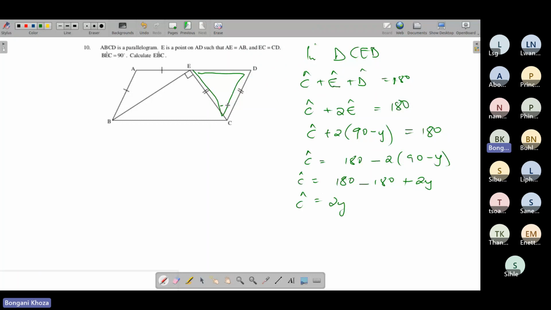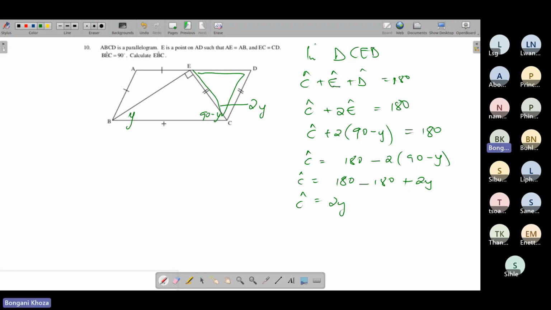So the angle here is 2Y, like that. Right. So now if we check, which angle can we use? We said this one was, what was the value of this one? It was Y, right? This was 90 minus Y. This was also 90 minus Y, and so on.